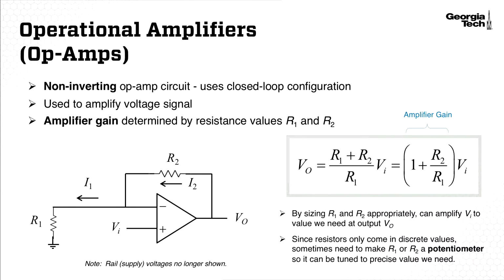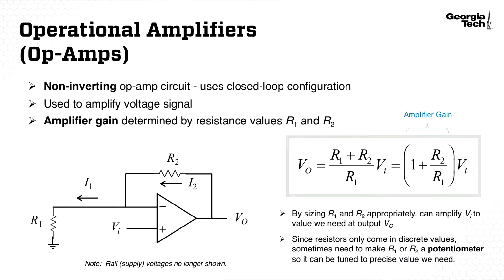Closed loop operation of an op-amp looks a little bit different. In closed loop operation, we use what's called feedback to drive the op-amp. Let's look first at a non-inverting op-amp circuit. A non-inverting op-amp circuit is used to amplify a voltage signal, and the amplifier gain that relates the output voltage VO to the input voltage VI depends on the relationship between the two resistors we use in this feedback circuit, R1 and R2.